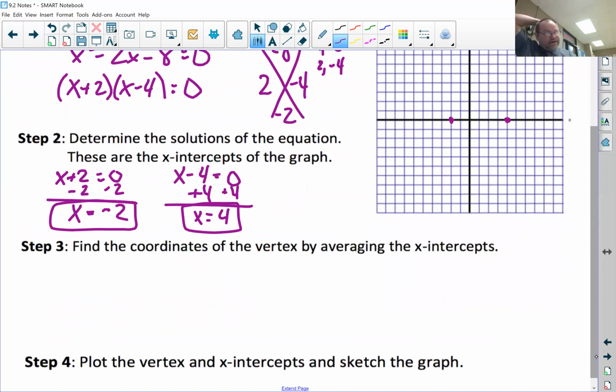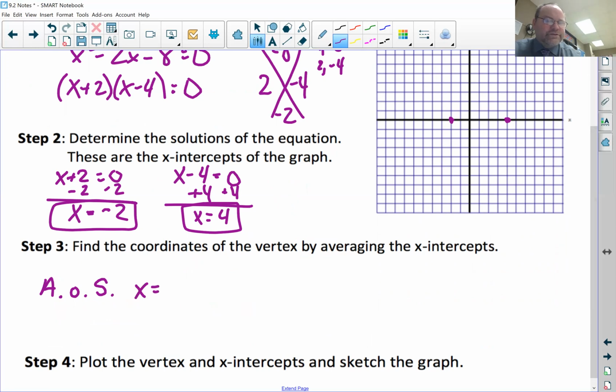I'm going to find the axis of symmetry, and that's halfway between my intercepts. So my axis of symmetry, I know it says vertex there, just a typo.